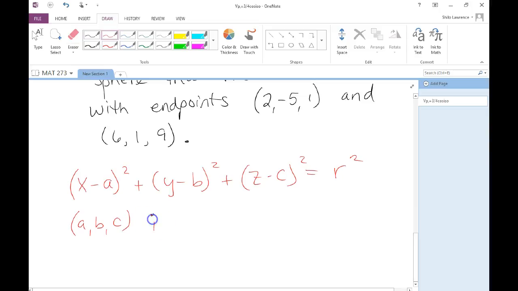So a, b, c is the center of the circle. When you are subtracting, it goes the opposite direction of what you would expect if it's inside of the function. If there is a function operation outside of it, then you do the opposite of what it says on the variable that it says.